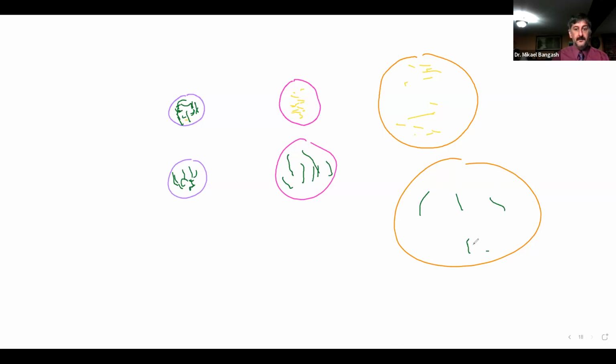And what do we call these folds seen on the inner wall of your bladder? Rugae.